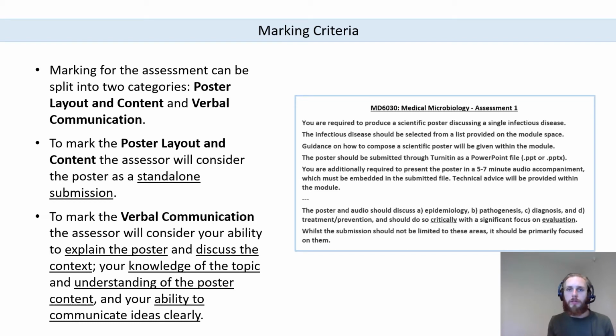However, the poster itself should be understandable. It should be clear, even without the audio. One issue we have is sometimes students will submit a poster that is just bullet points or super minimal information that doesn't make any sense unless the audio is explaining it. That's not correct. The audio should enhance the poster, it should strengthen the poster, it should provide context for the poster, but it shouldn't be absolutely necessary to understand the poster.